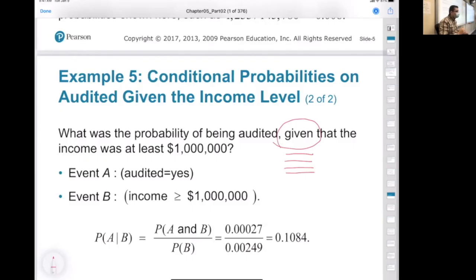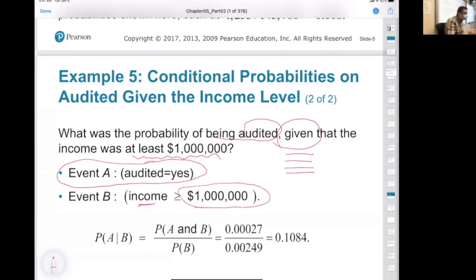So here we have two events. The first one, we need to find the probability of being audited, which means audited is yes. This is event A. You can say event C, event D, whatever. It's your option. This is just a symbol for the event. And for the second event, the given one or the conditional one, it is at least 1 million. So that means the income is greater than or equal to 1 million.